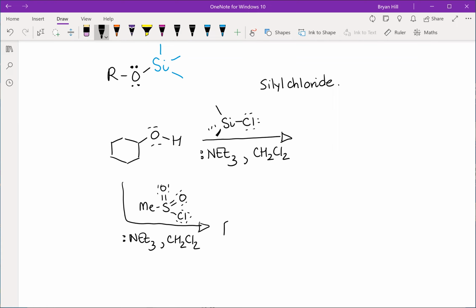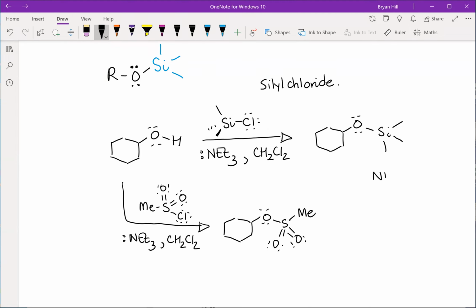In that case we were making the mesylate, but in this case we'll be making the silyl ether. The other byproduct will be the triethylamine, which will be protonated, with a chloride floating around, forming a salt.